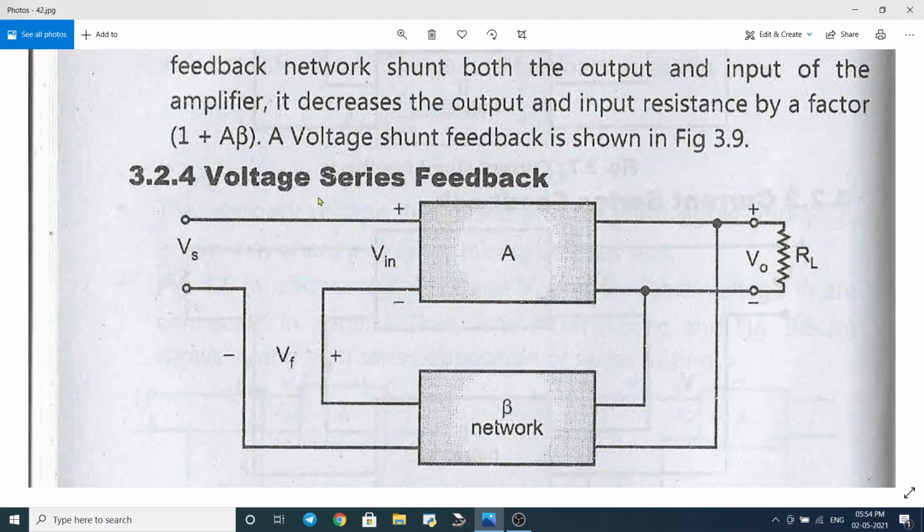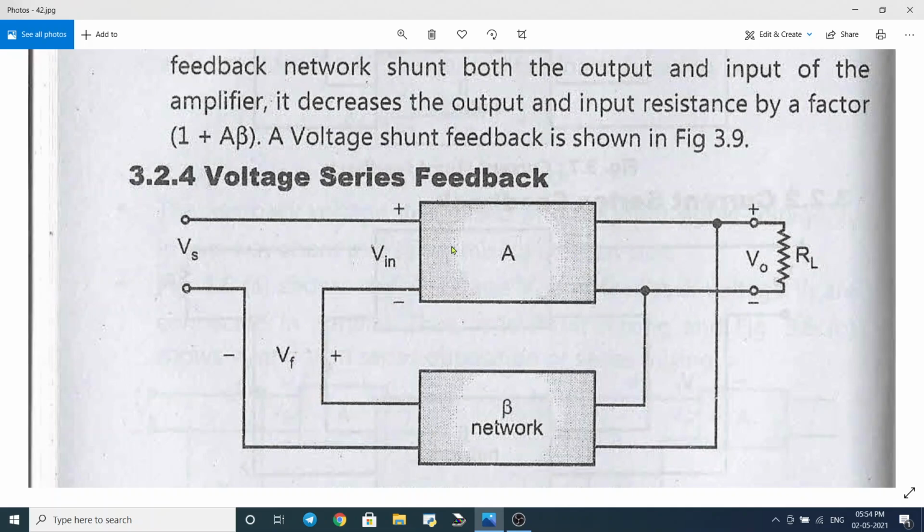So voltage feedback. And from the type of injection, it is a series mixing. So this is voltage series feedback. And you can guess, this will decrease the output impedance.